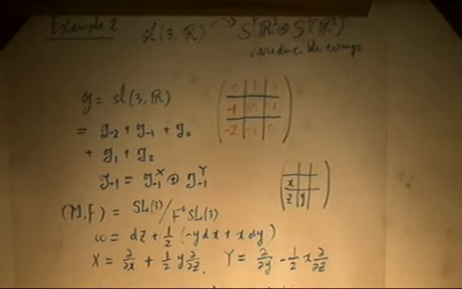Then our SL3 is regarded as the graded real algebra in this way, by taking the Borel subalgebra as isotropy subalgebra. So 0 means G0 here, and this is G2, G1, G minus 1, and G minus 2. This gives a grading of our SL3.